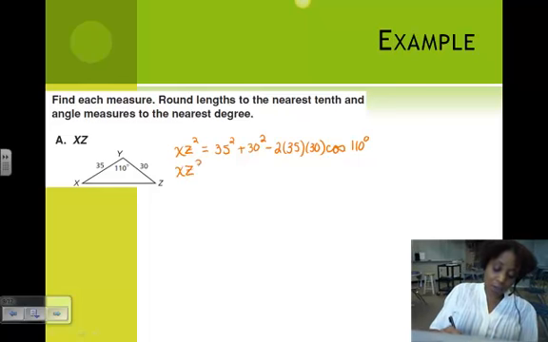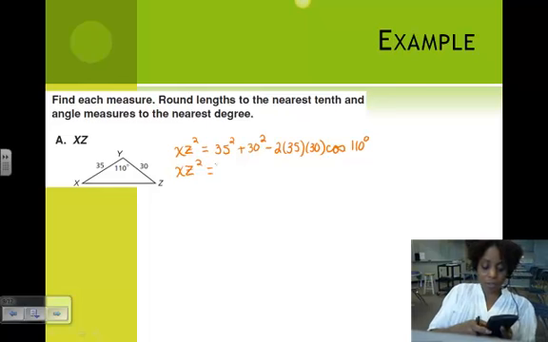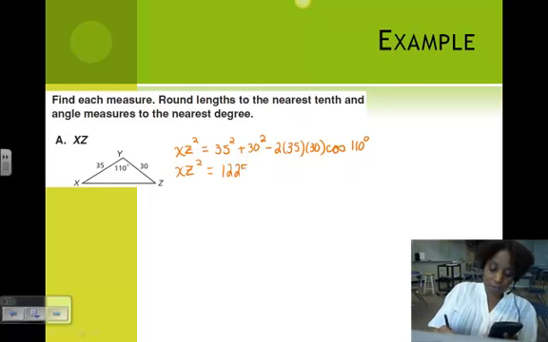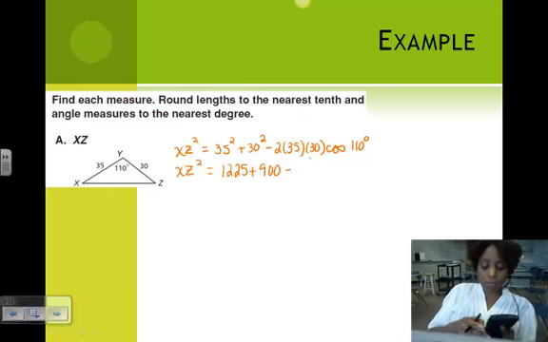So XZ squared equals, we need 35 squared, which is 1225. 30 squared is 900, minus 2 times 35 times 30, which is 70 times 30, which is 2,100 times the cosine of 110. So I'm going to just take that number, multiply by the cosine of 110.